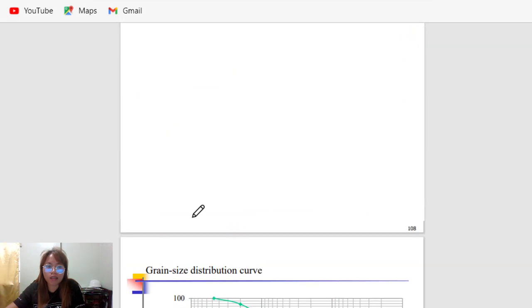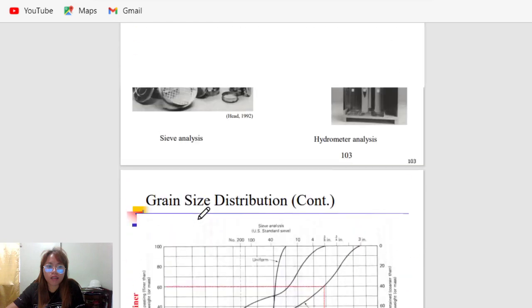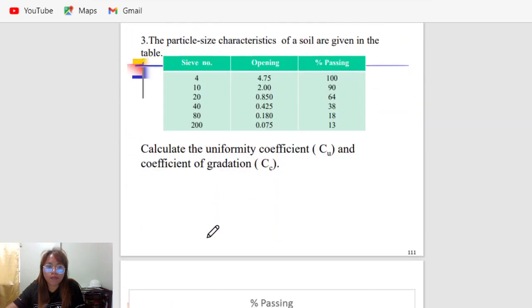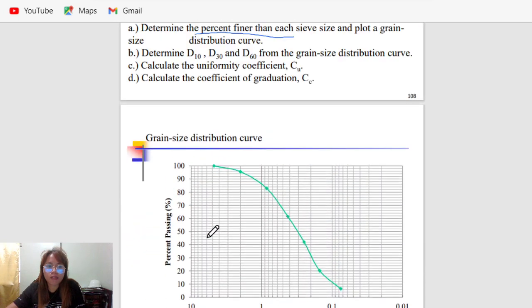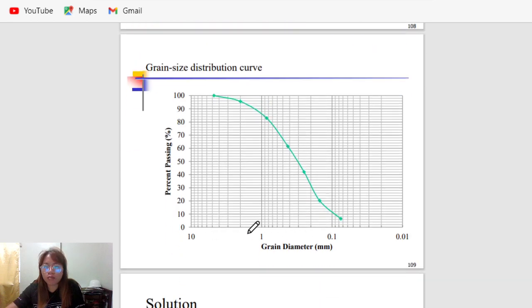All right. Okay. In here, it goes from a bigger grain size diameter to the smaller grain size. That is why the curve is from higher to lower.